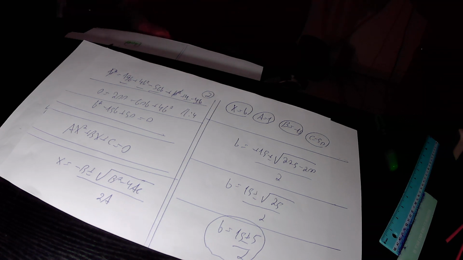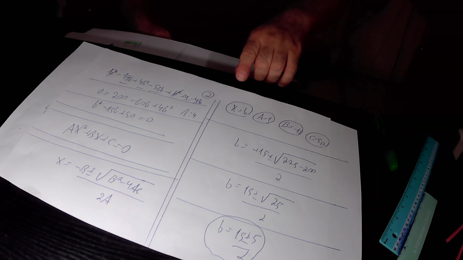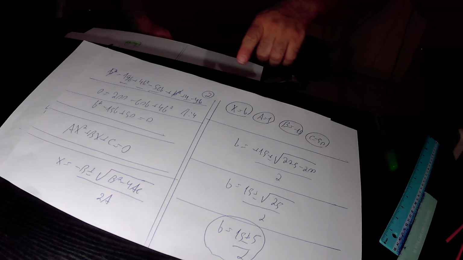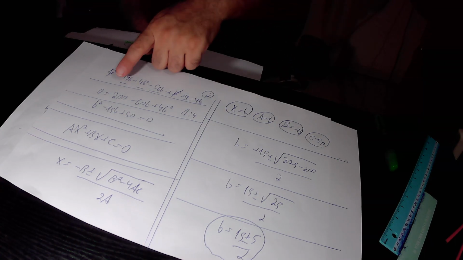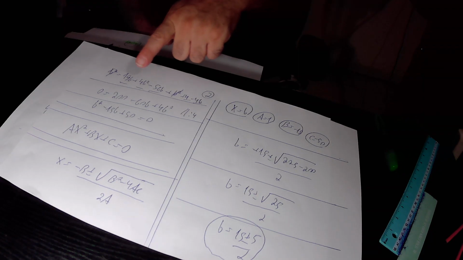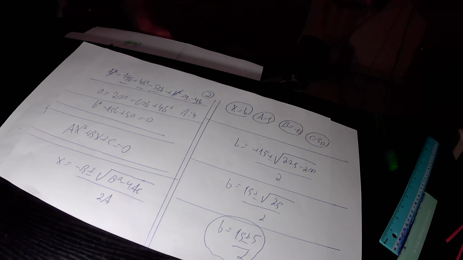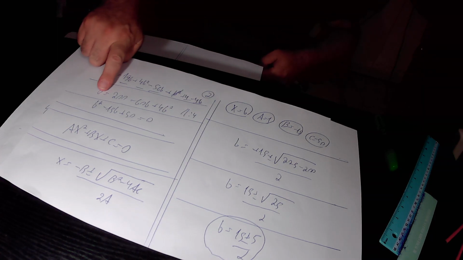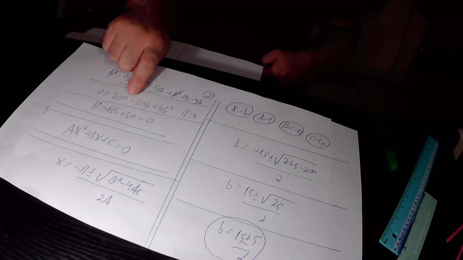That is to say, x is the variable that we are looking for in the general formula, while in our specific quadratic equation the variable that we are looking for is b. So x equals b, the coefficient a equals 1, the coefficient B equals minus 15, and the coefficient c equals 50.